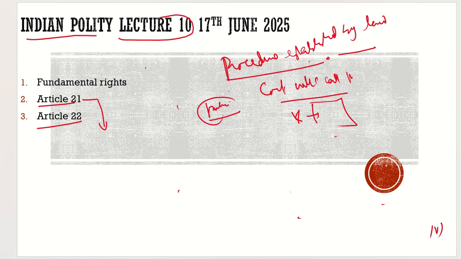Now, the police may say that, sir, this person has violated certain law. Now the court will ask what the law is and who the authority was that made the law.